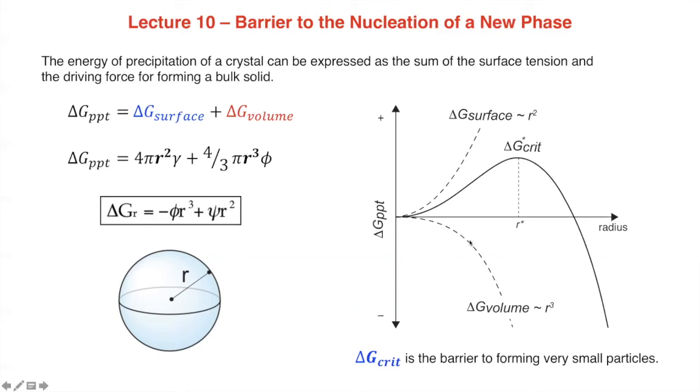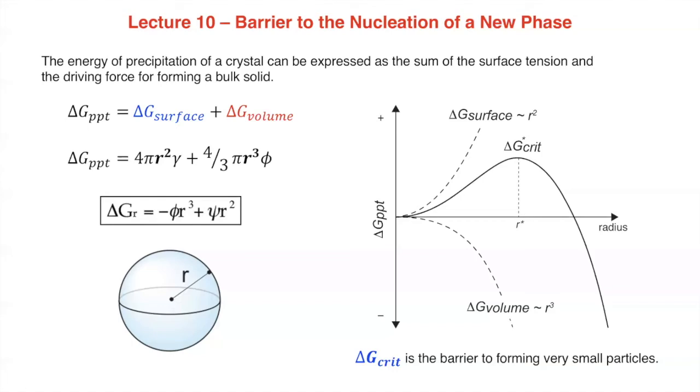And so you end up with this curve where you have a maximum in the delta G for forming small objects at a particular radius that is labeled R star on this graph here. Okay, and so this is a classical description of the barrier to nucleating a sphere, assuming a positive surface tension and precipitation from supersaturated solution.